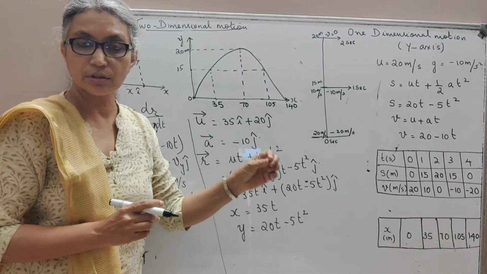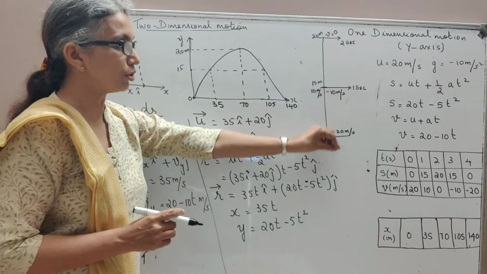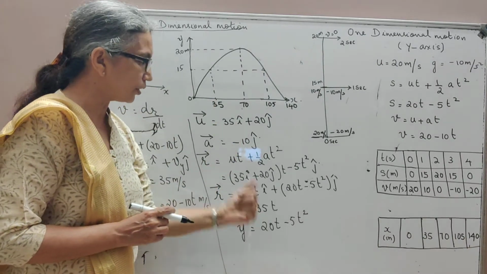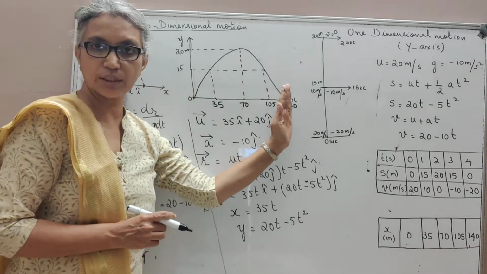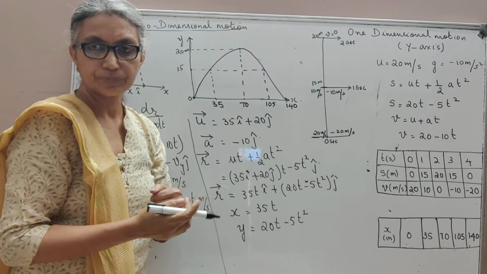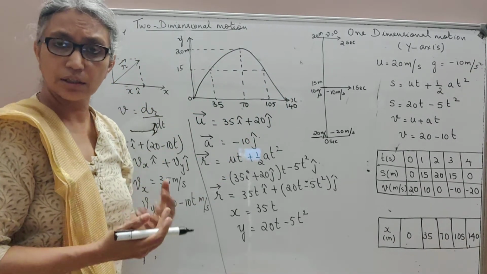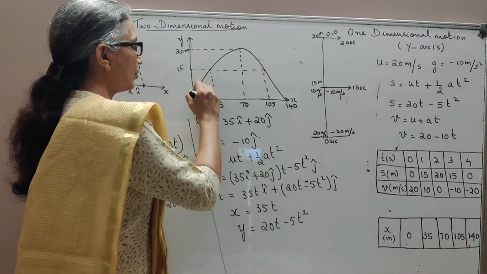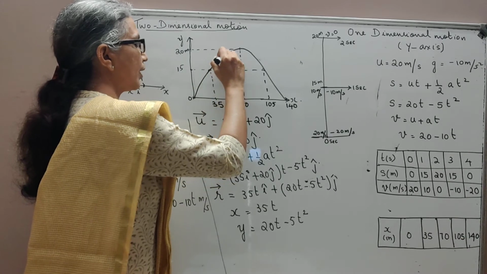So you will see, instead of the body going up and down just like in one-dimensional motion, here because of this x component, the body has also moved to the right, and the combination of the two produces a parabolic path. The velocity is also a vector quantity. So the velocity at this point should be in this direction.